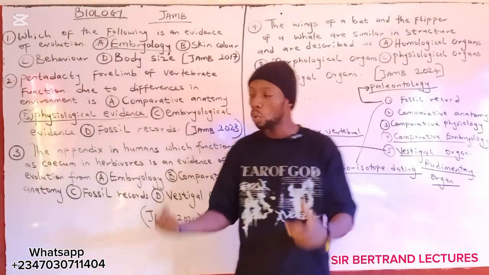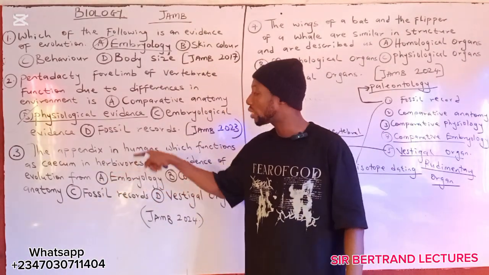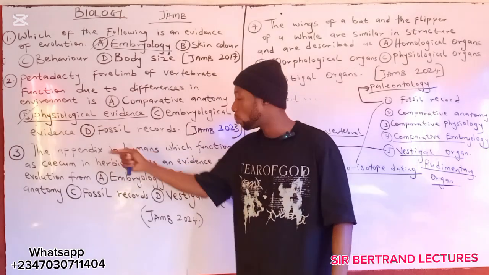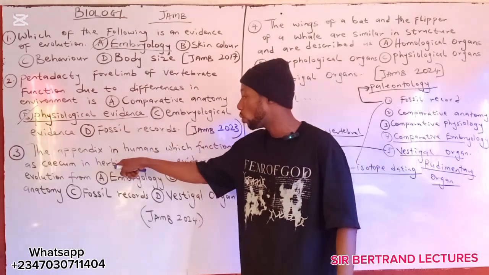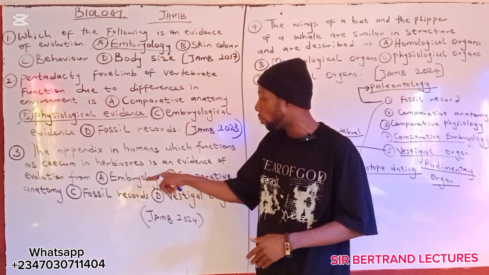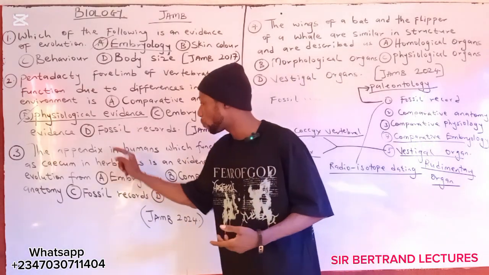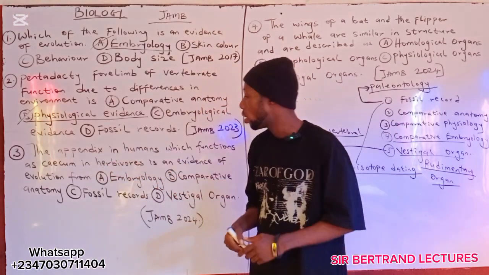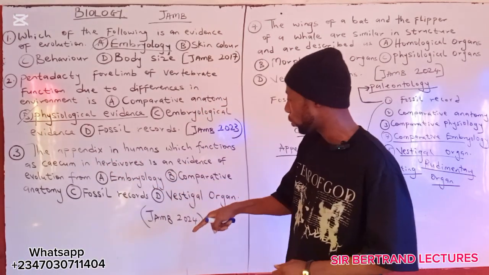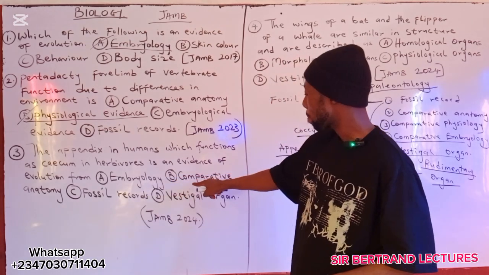All right, so what evidence of evolution is supporting this? All right, what evidence shows that man before was like a herbivore when the appendix was functioning as cecum? Then presently, when man has evolved to this state, we don't have it function again in human. All right, so the answer to the question, option A is embryology, which is not the answer.